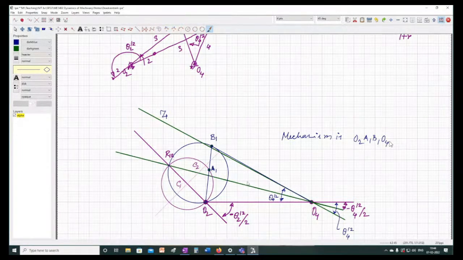From the drawing only you can see that when theta 4 1 2 is completed, means the other extreme position, the crank and the coupler will be almost horizontal. Almost the three links will come at the same line, but not actually. These two will come at same line somewhere here, and the follower position will be like this. Okay.